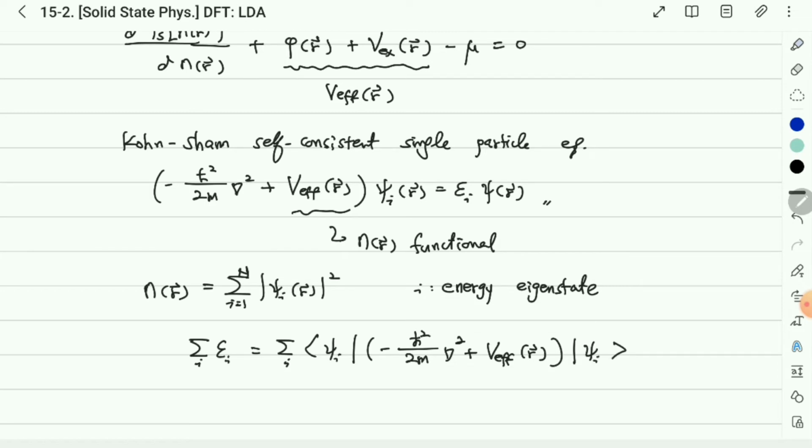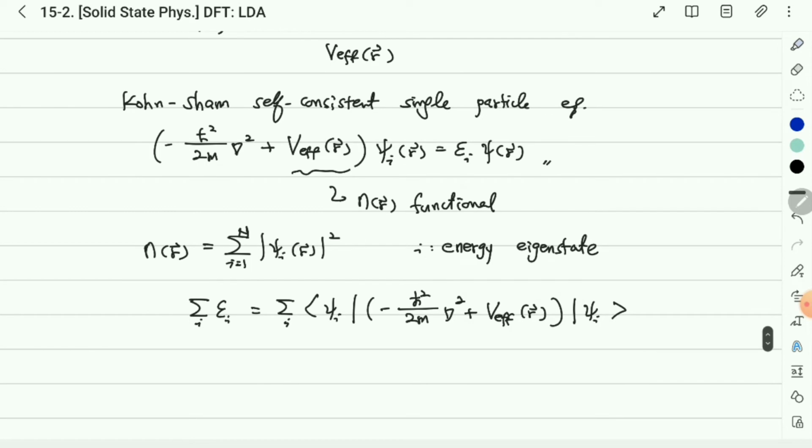The expectation value gives the total energy. The total energy is the kinetic energy as a function of local density plus the effective potential, integrated over dr.